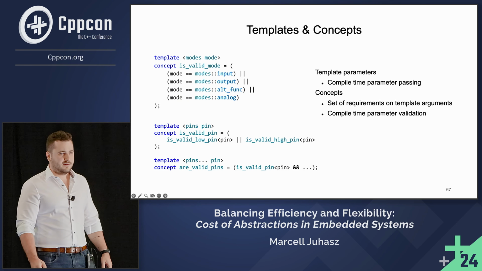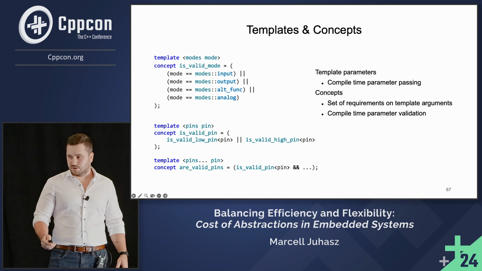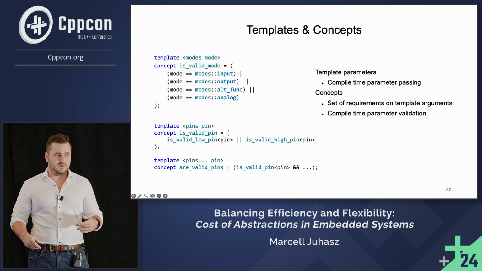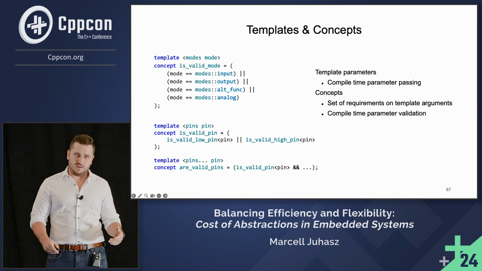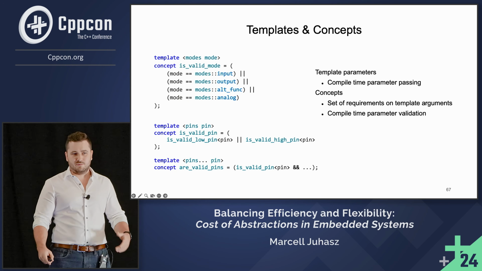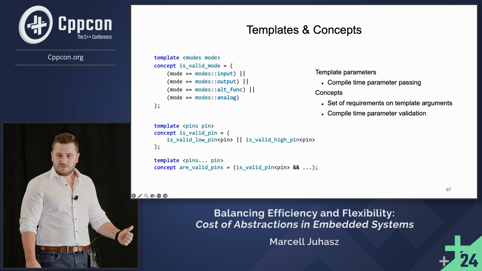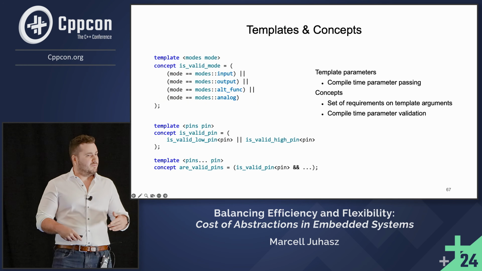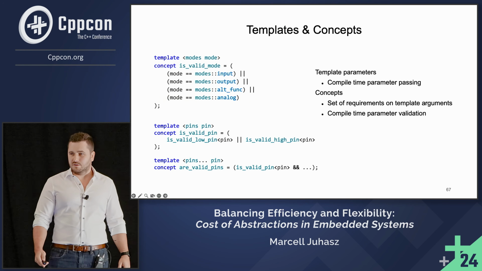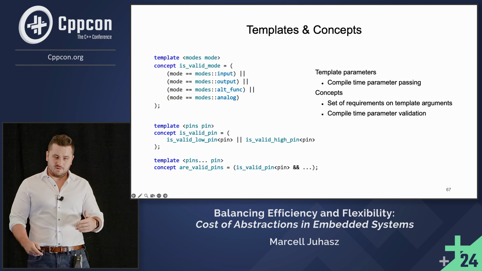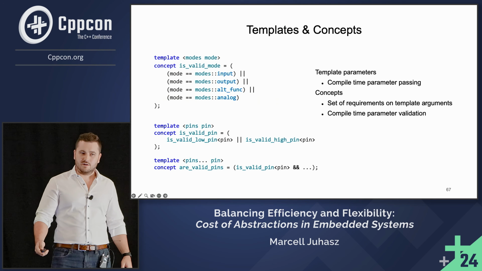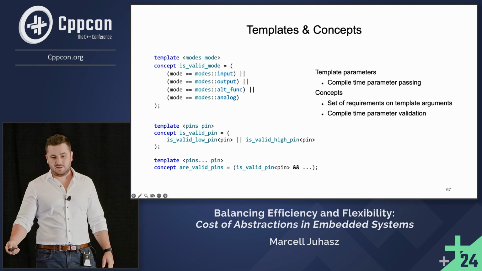And this is where concepts come in really handy, because as I've already mentioned before, concepts are a set of requirements that you can apply on template parameters. So if your template parameters are non-type template parameters, you can still use concepts, and you can put constraints on the values that you want to accept. So if you get an invalid value, for example, an invalid mode for a GPIO, then you will get a clear compile time error message.